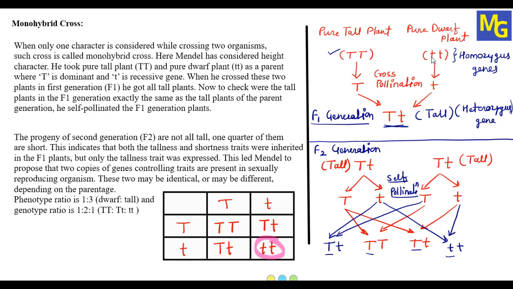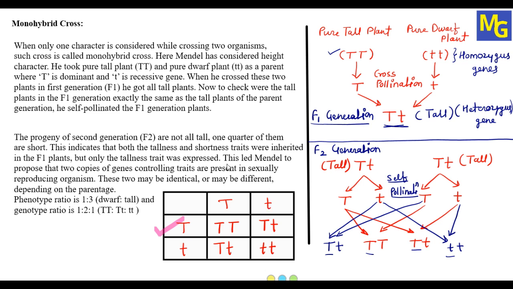It means the traits which are there in the parents are inherited by the next generation. When I said all the plants of the F1 generation are tall, we should not think that only the tall character has been transferred. When I cross this F1 generation plant for the F2 generation, I got one plant as short, meaning tall as well as short. Both the traits of the parents are transferring to the next generation. This is proved with the help of this F2 generation.